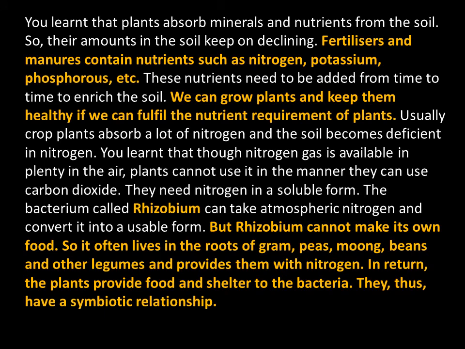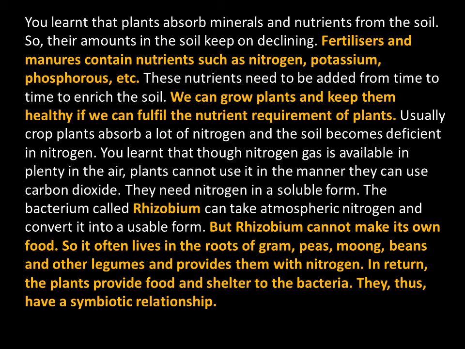You learned that plants absorb minerals and nutrients from the soil, so their amount in the soil keeps on declining. Fertilizers and manures contain nutrients such as nitrogen, potassium, phosphorus, etc. These nutrients need to be added from time to time to enrich the soil. So you must have seen farmers in the fields adding fertilizers, or even the government adding some fertilizers to the soil in public areas.